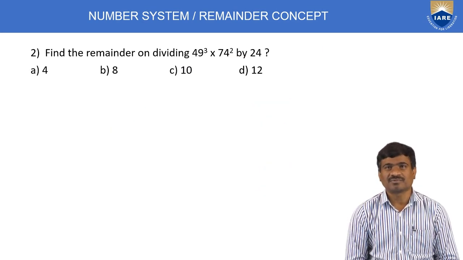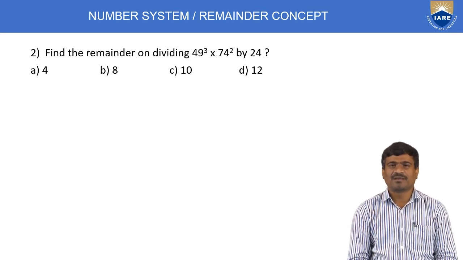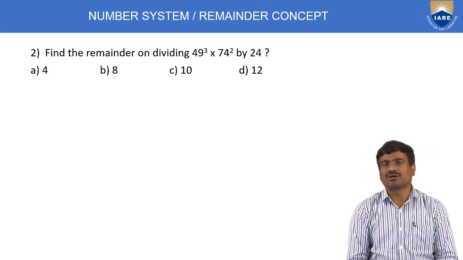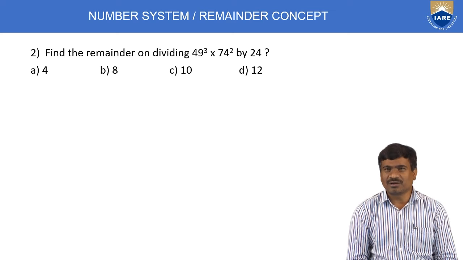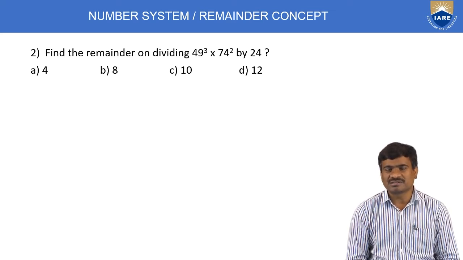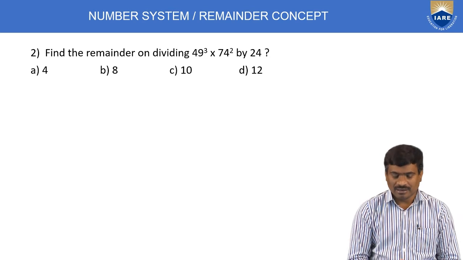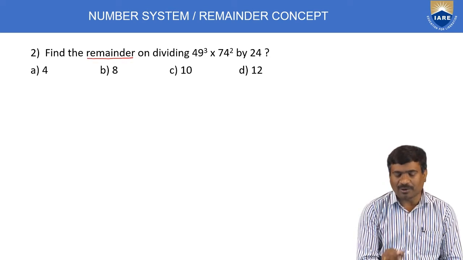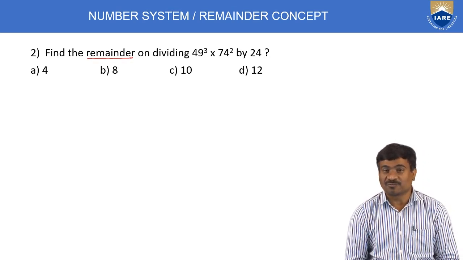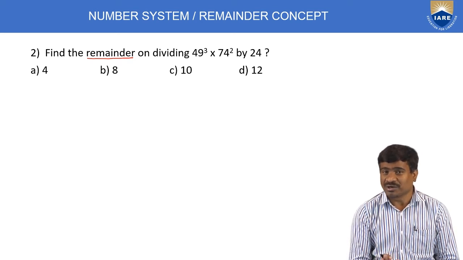Next, second example. Find the remainder on dividing 49 whole cube into 74 whole square by 24. Options A 4, B 8, C 10, D 12. Here calculate only the remainder but not the quotient. Don't confuse: you read the problem, but not the unit digit.